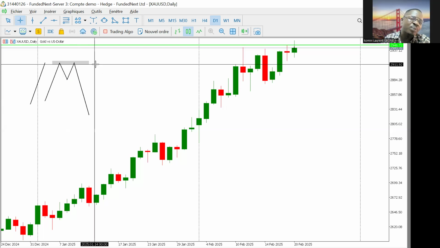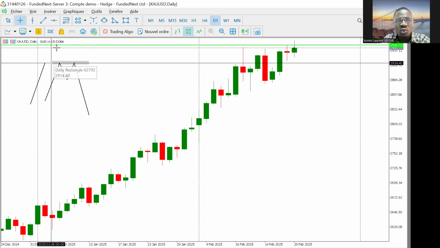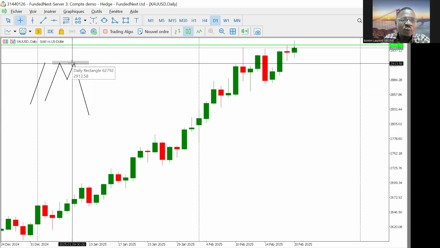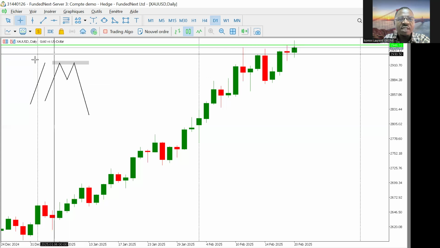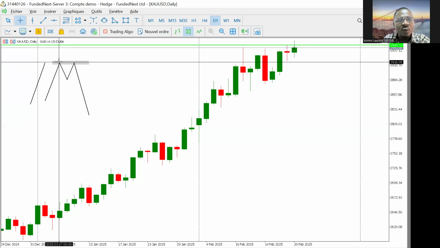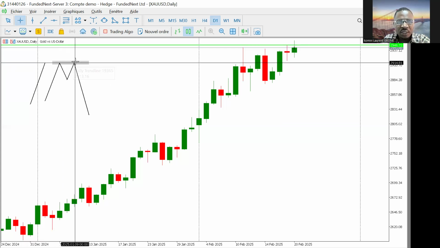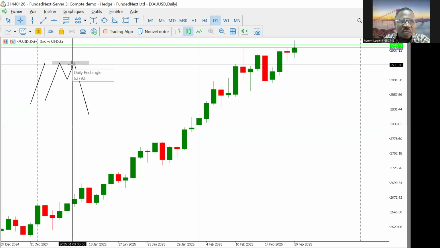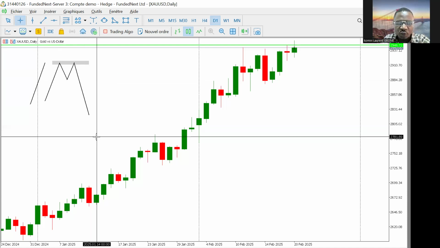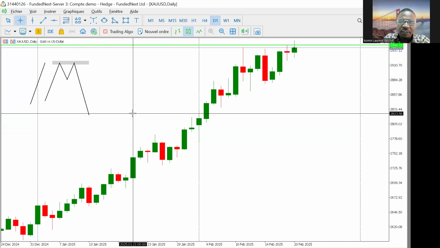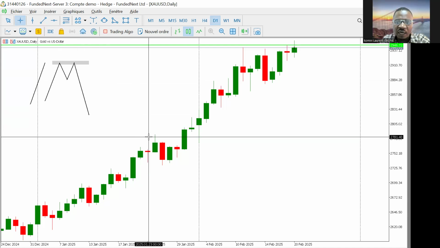This zone must be a strong resistance zone. If you want to trade the double top securely, you have to mind this zone. You must know exactly the zone in which the price is ranging and making the pullback. Then we have the drop. This pattern signals a bearish reversal after an uptrend.